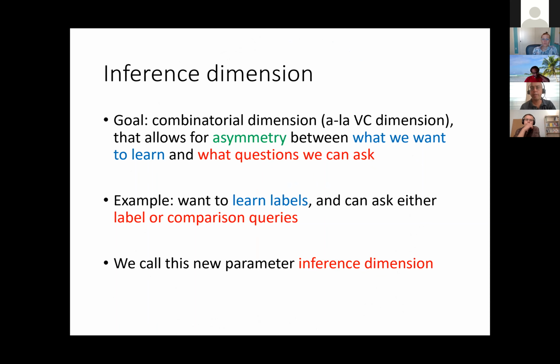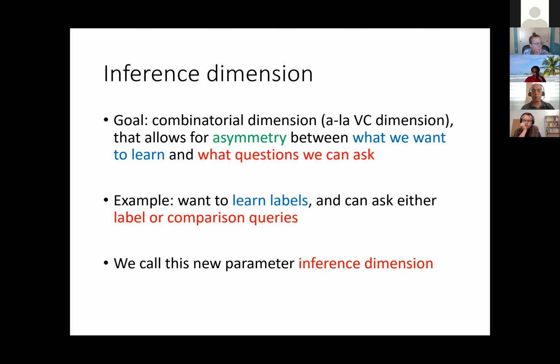And again, think of VC dimension as a model here. But I want a dimension that allows for some asymmetry. I want a learning algorithm that wants to learn something, like the labels of these points, but it can ask maybe more elaborate questions, like it's allowed to compare points. So we want to learn labels, but we're allowed to ask about labels, or we're allowed to ask about comparisons. So we'll try to define some combinatorial dimension that allows us to capture that.